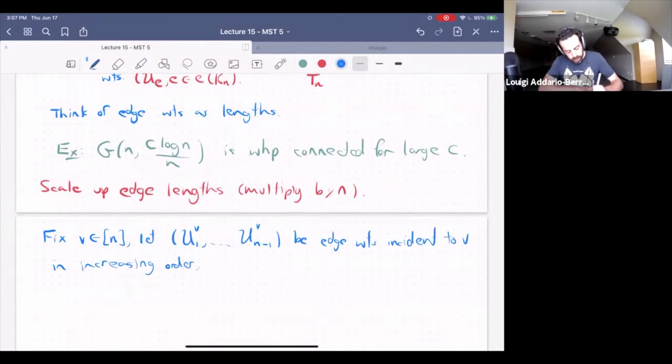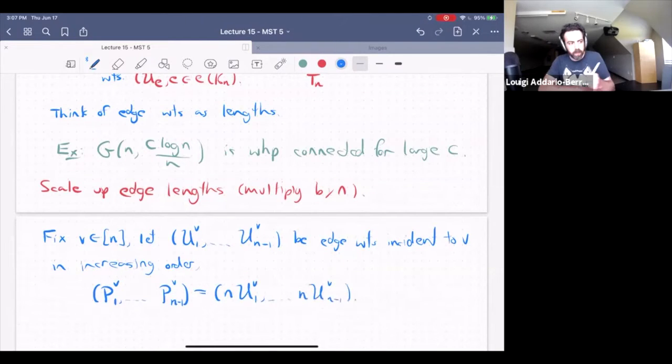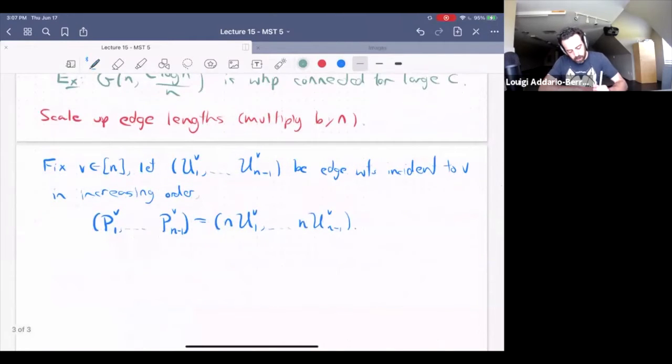I'll use P to denote their scaled version, because after scaling they're going to look like a Poisson process. So P_1 up to P_{n-1} is just nU_1 up to nU_{n-1}.